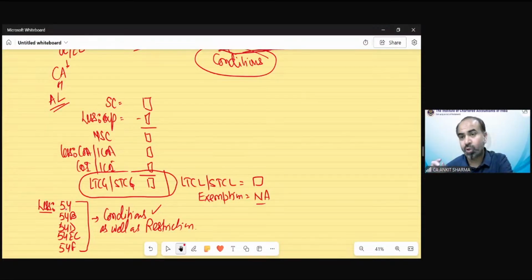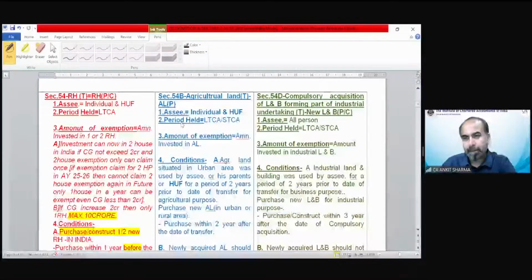If you violate those conditions or restrictions in future, the government will take back even what exemption you have claimed. How all of this is going to be done, we will go through with all sections one by one. Okay. So there are multiple conditions and restrictions.